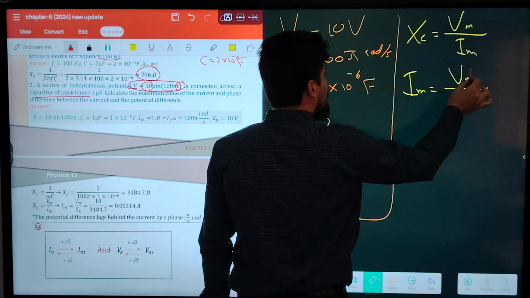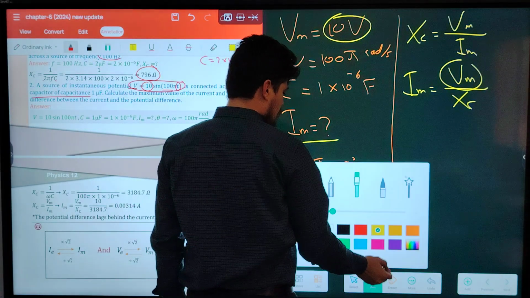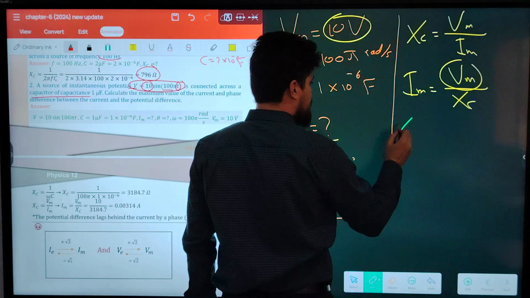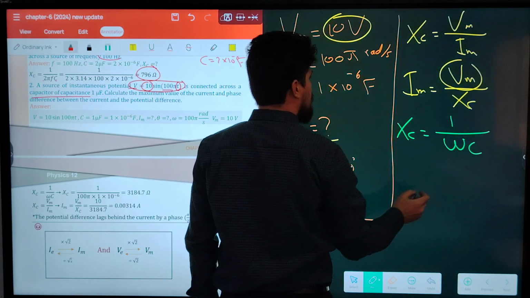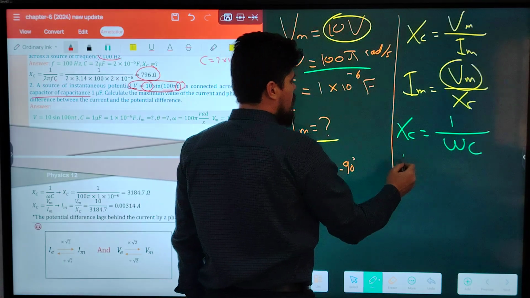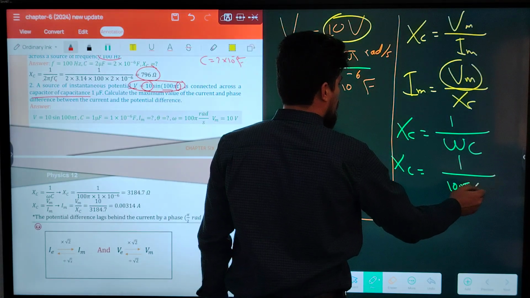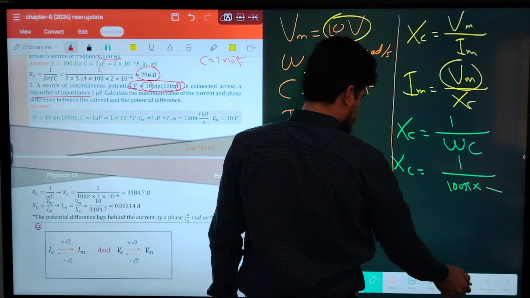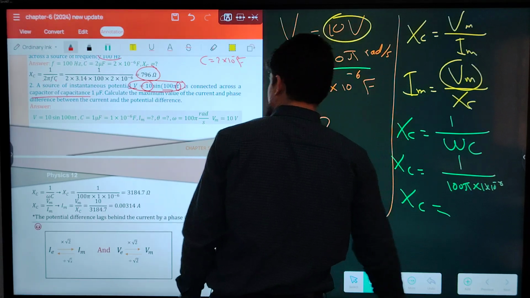Do we have Vm? Yes. Do we have XC? No. How can we determine XC? 1 over ωC, not 2πfC, because we have omega. Omega 100π, C 1 × 10^-6. XC is equal to what?